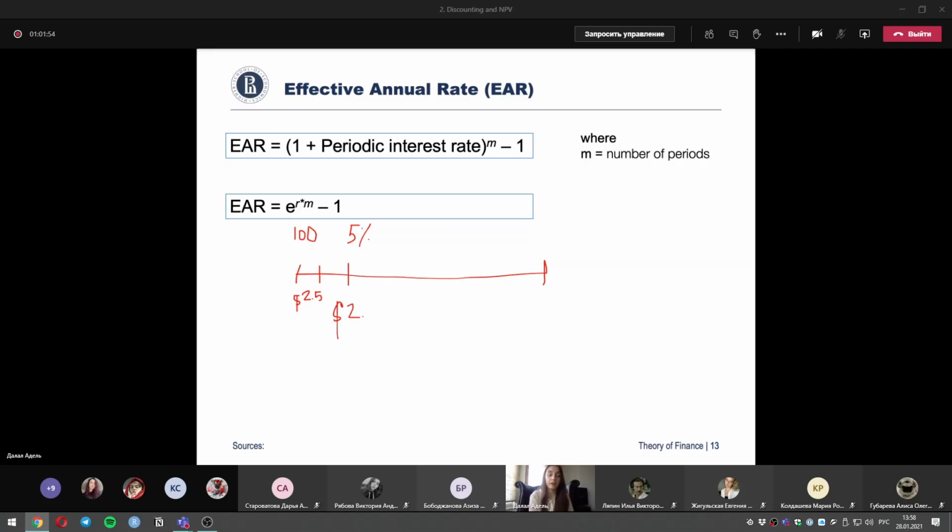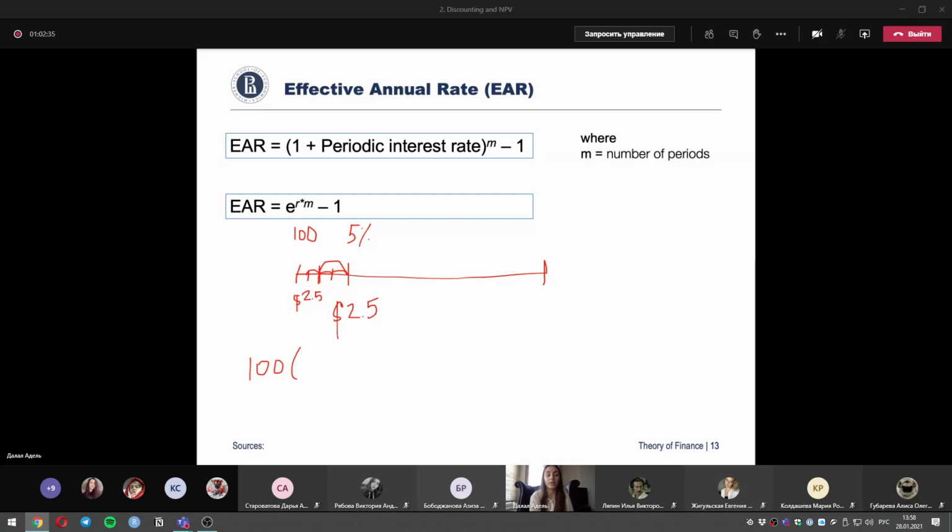Because if you have non-annual compounding, so here semi-annual compounding, you can already after 6 months reinvest your interest at this periodic rate, so you don't need to wait for the year to reinvest your interest. And so if you split it in 4 tranches, which means you can reinvest each tranche for the rest of the year. And in this way, we're going to calculate our future values differently.